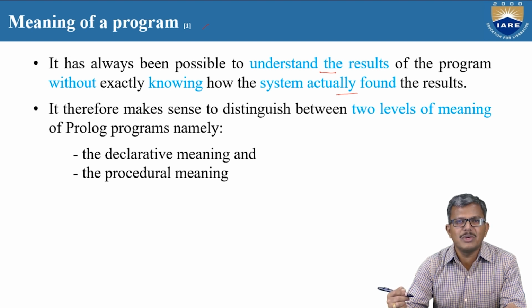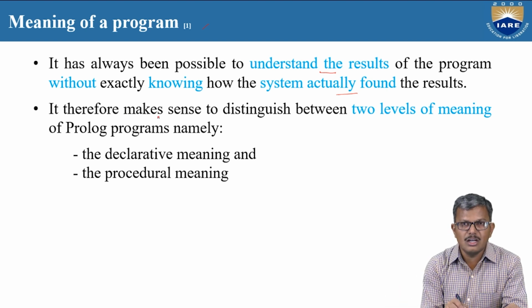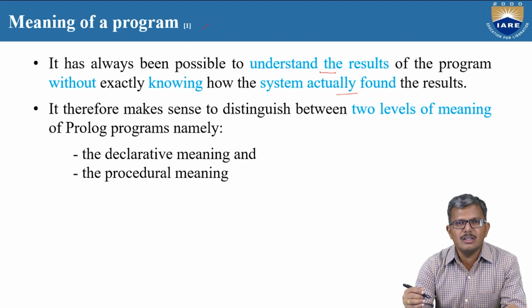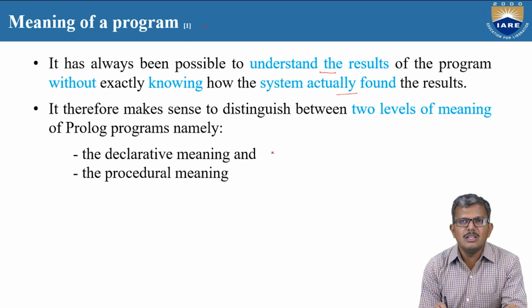Just by seeing the statements you can easily understand the meaning of each and every statement we write in Prolog programs. Therefore it makes sense to distinguish between two levels of meaning. Meaning is not at one level, it is of two different levels. In simple words, the declarative meaning is going to talk about what?